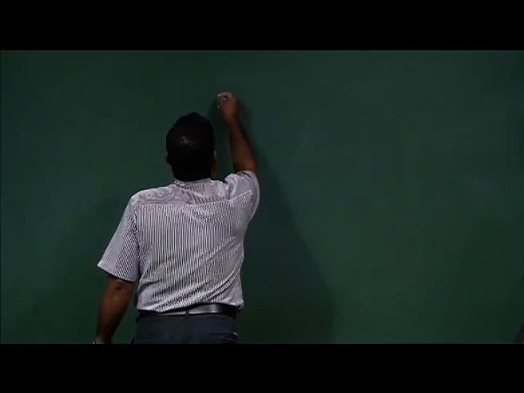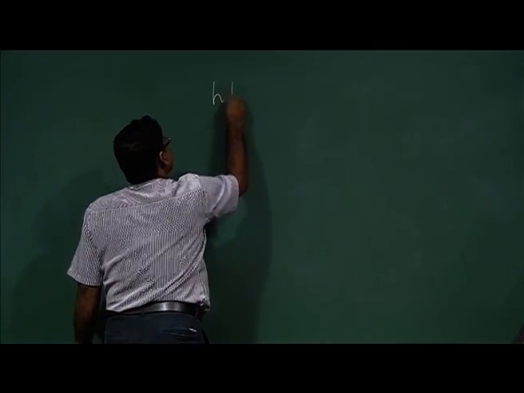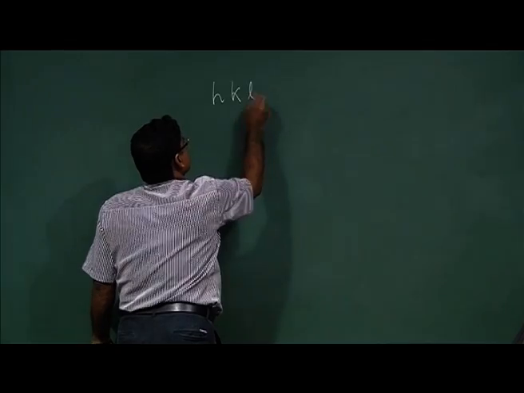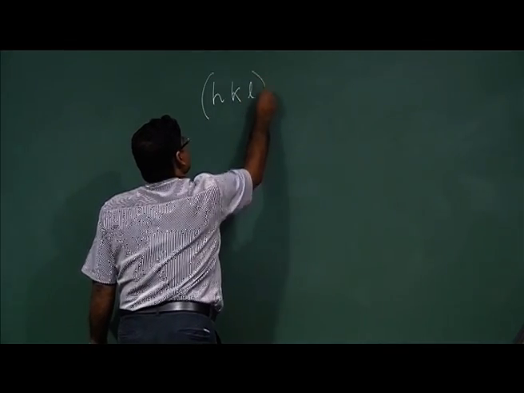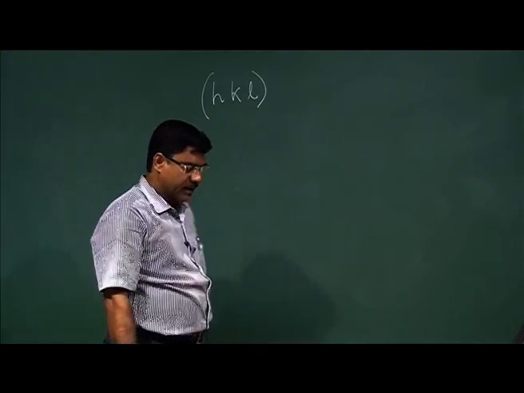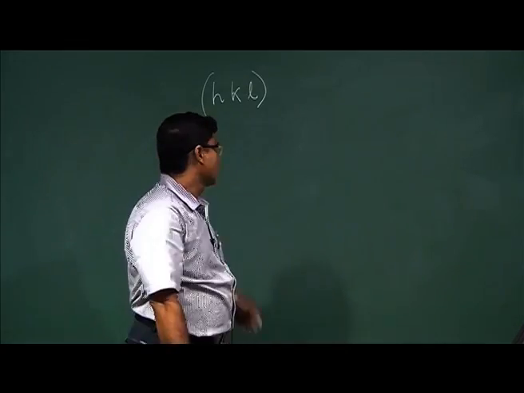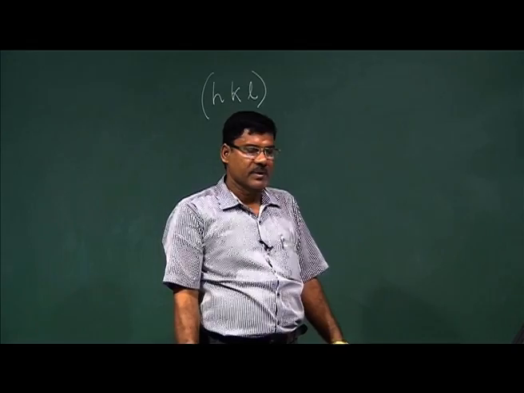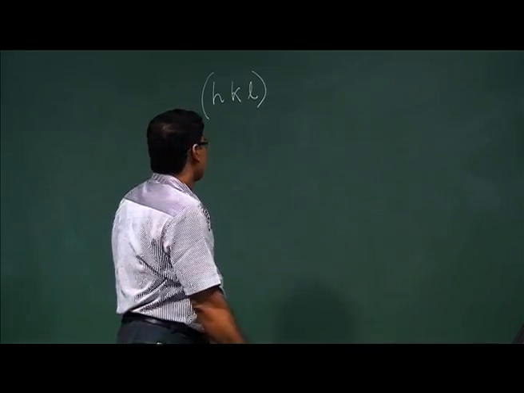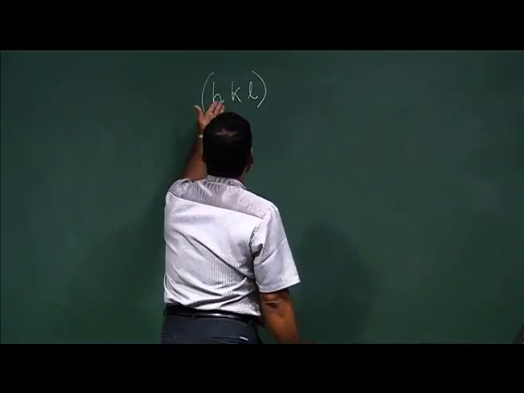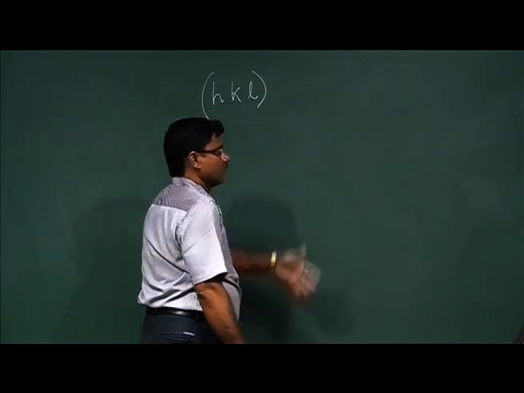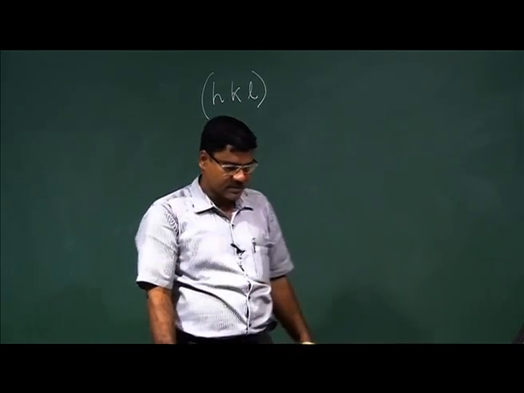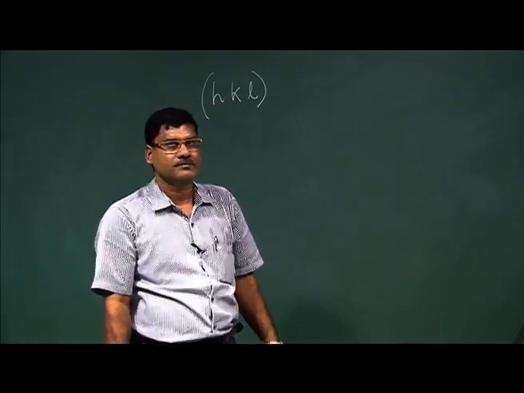So, this (h k l) is basically the Miller indices, put in a first bracket, represent the crystal planes. The Miller indices values are basically integer values.